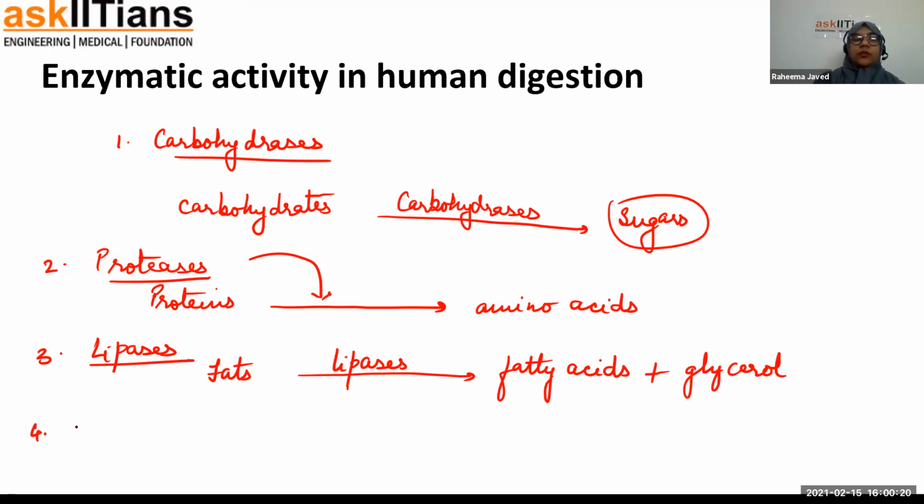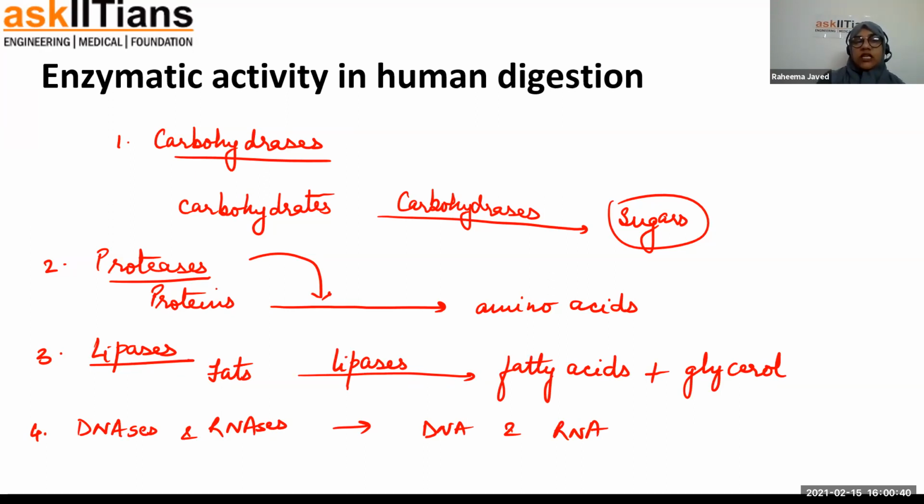The fourth group includes DNases and RNases. DNases and RNases act on DNA and RNA and convert them into their corresponding nucleotides.